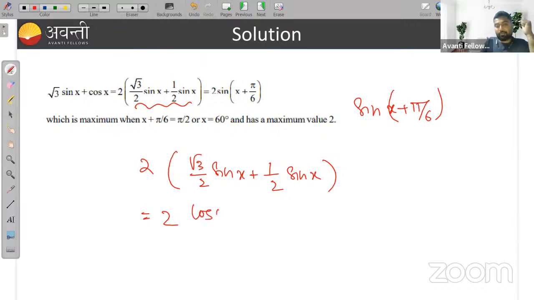Yes, cos of pi by 6 into sin of x plus sin of pi by 6 into cos x.